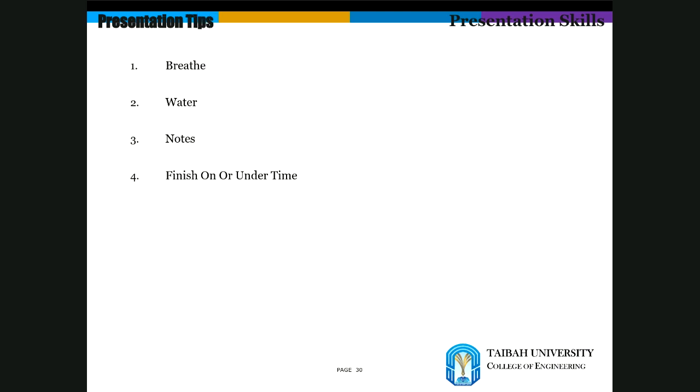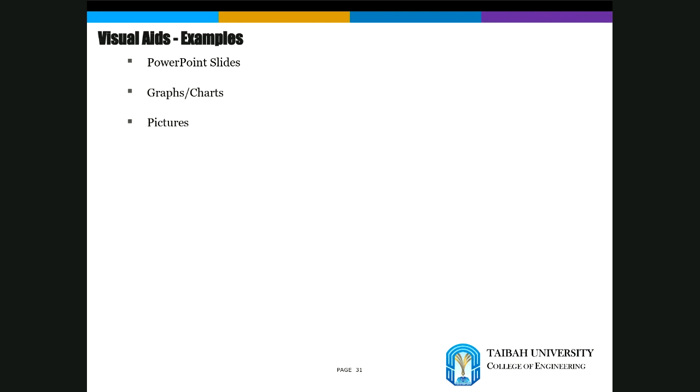There are some tips you can use: bring a bottle of water, and breathe; try to breathe from one point to another. Make some notes, like the small cards I mentioned. Maybe each card represents a slide number, and finish within the time. Use it. Of course, you're going to use PowerPoint and pictures.